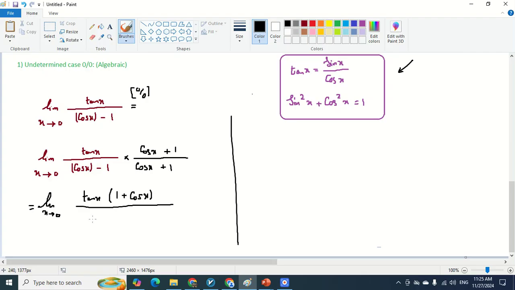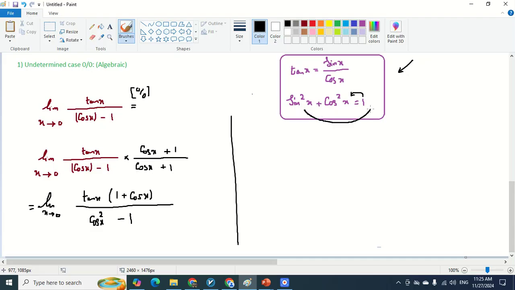So at the denominator we have cosine square of x, because it will be (a minus b) times (a plus b): the first one squared minus the second one squared, which is 1. Based on this, cosine square minus 1, if I shift 1 to the left side, will be minus sine square.